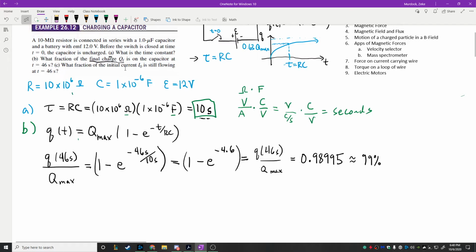Okay, part C says, what fraction of the initial current is flowing at this time? This gets into something that we didn't actually look at last time, but I think I mentioned toward the end of class. If I know that the charge as a function of time is equal to this, how could I find the current as a function of time?